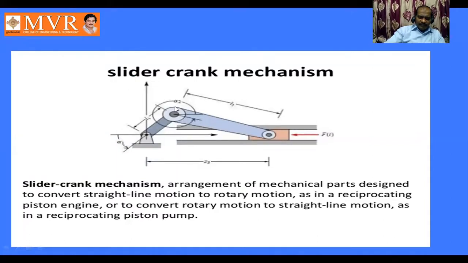That means angle alpha 2 is going to change. The lengths of the connecting rods are given as L1 and L2, and the distance from the base of the pin joint to the base of this one is given as L3. So L1, L2 and L3 they have given.